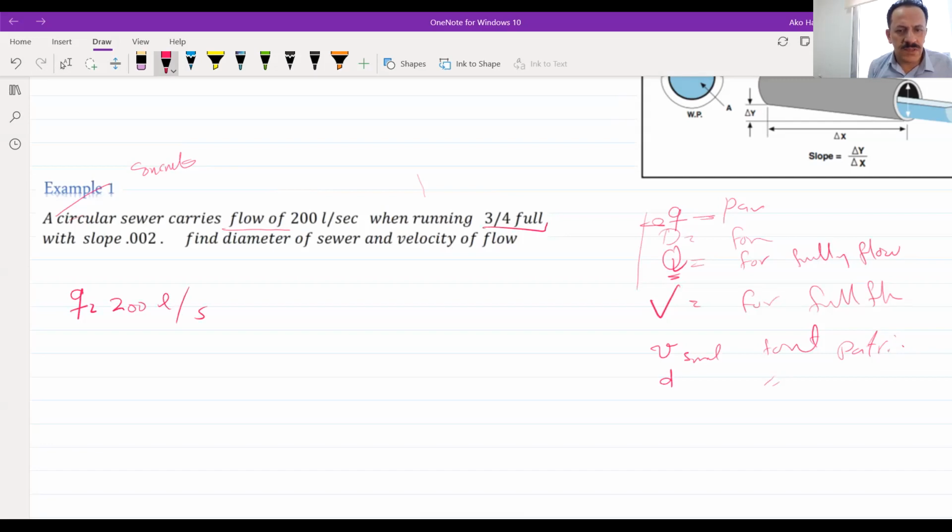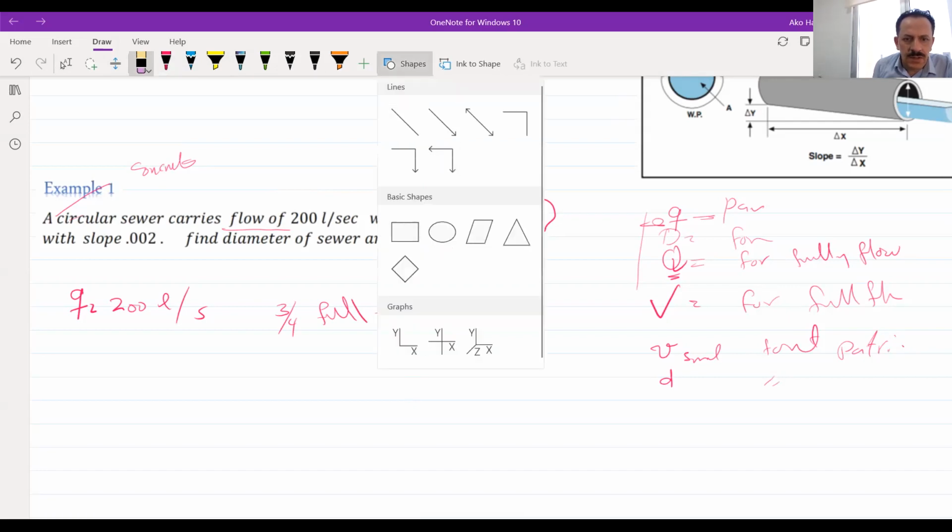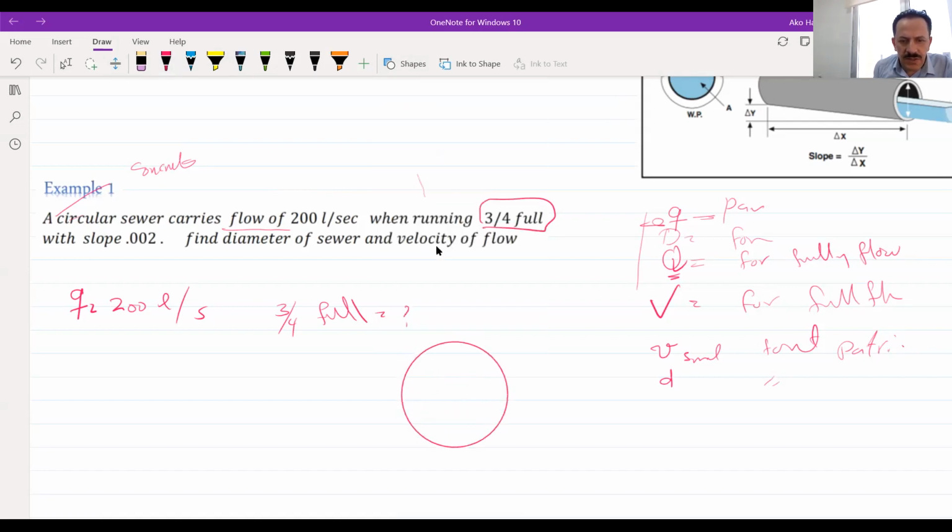Because it tells me that this is 3/4 full. What does that mean? So 3/4 means 75% full. Yes, very good. So it's 75% full flow.